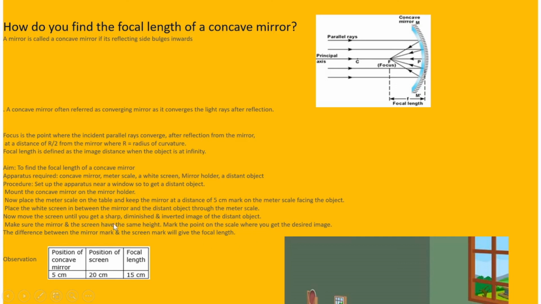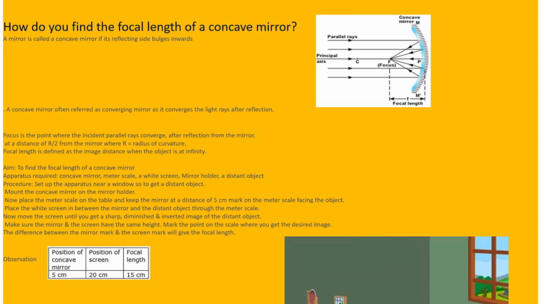We get a sharp, diminished and inverted image because we are using a concave mirror. We have to move the screen or paper on which we see the image of the object in front of us, until we get a correct image, not blurry.